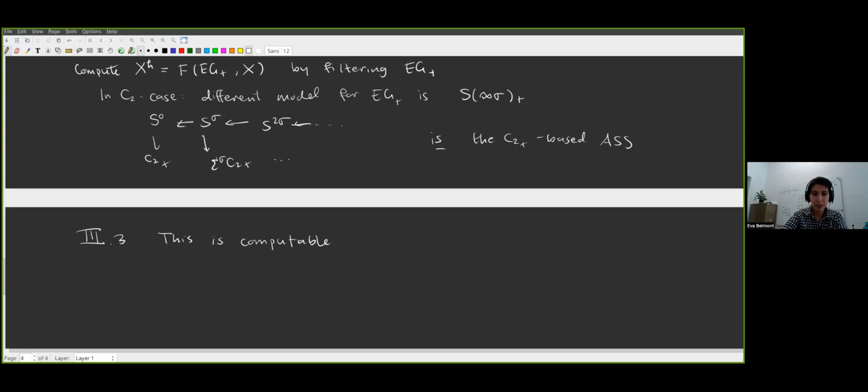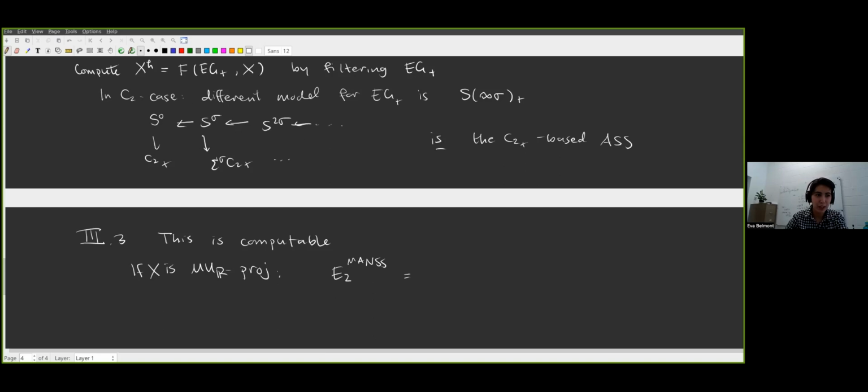You have to make some assumptions about X. So there are versions of the E2 page where, if X is MUR projective, then you get an E2 term for the Mans that just looks like a combination.